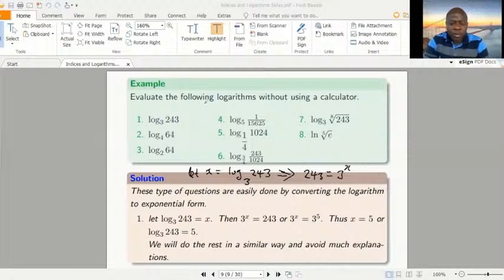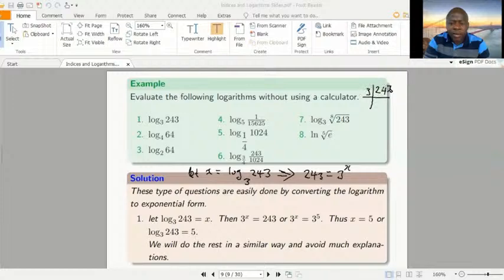Now, we were told to do this question without using a calculator. That means that 243 can be expressed in terms of 3. Whenever this question is asked, it means you must think of a way of how to write 243 in terms of 3. Let's just see. 3 into 243, how many times can it go there?